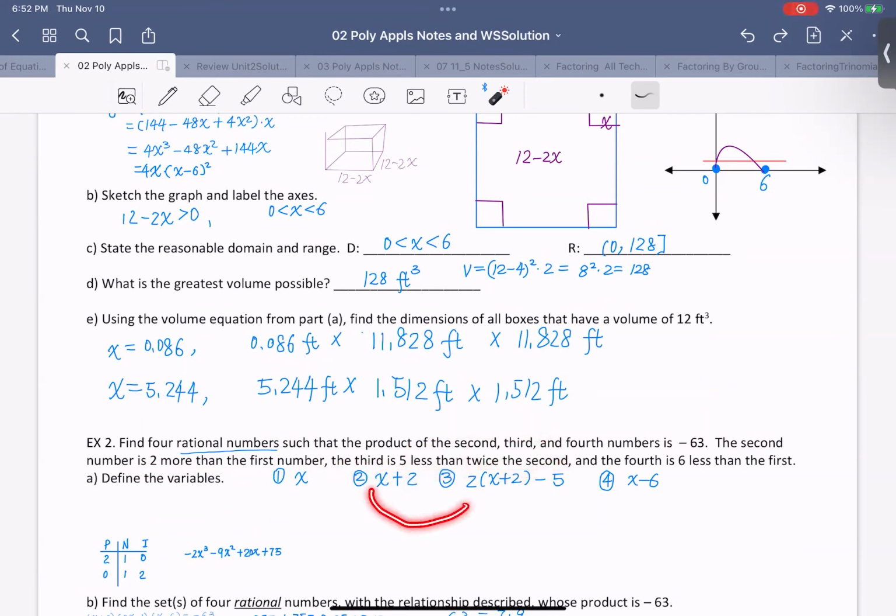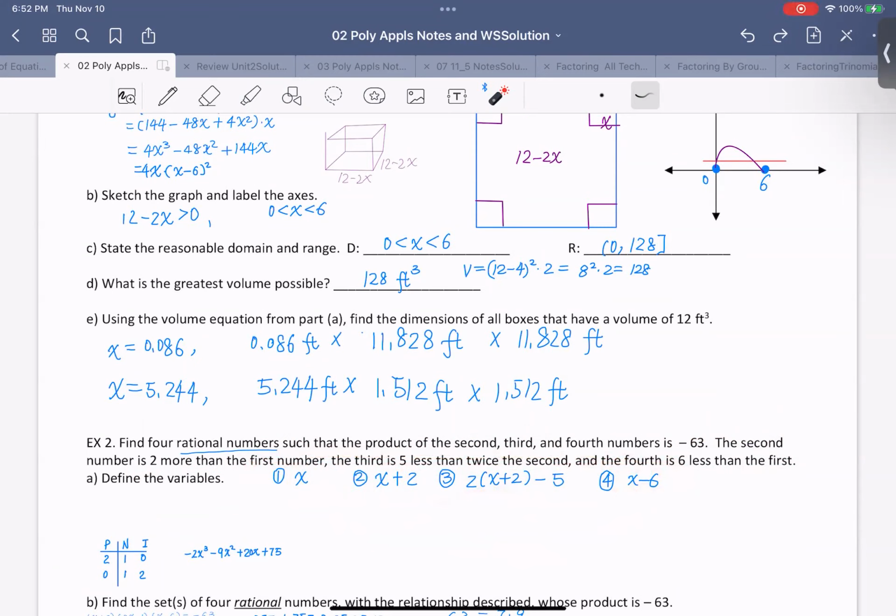So the second will double, and then you will minus 5. And the fourth one is 6 less than the first. So the first one minus 6, so this is your fourth one. That's your four numbers.